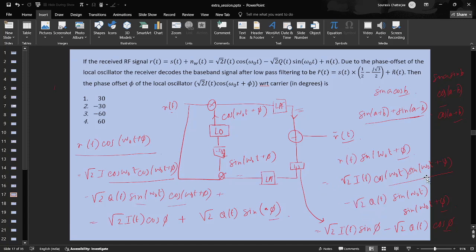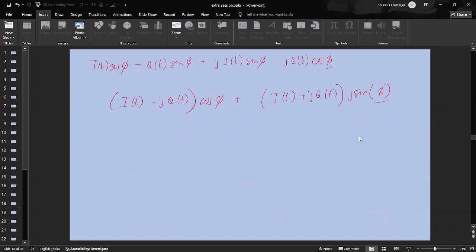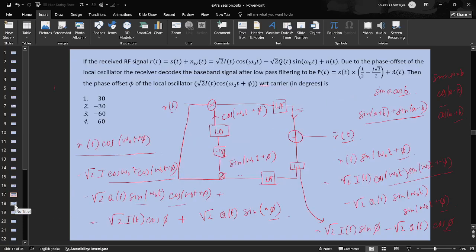And here I have cos and sin a minus b. Local oscillator sin a sin b.